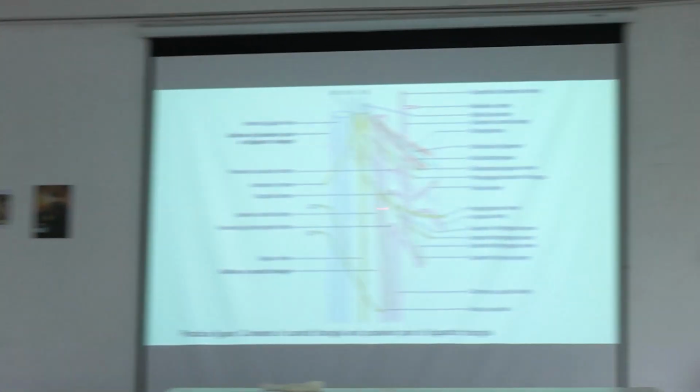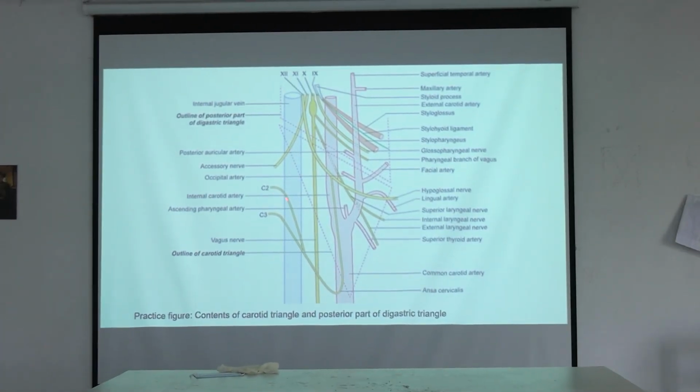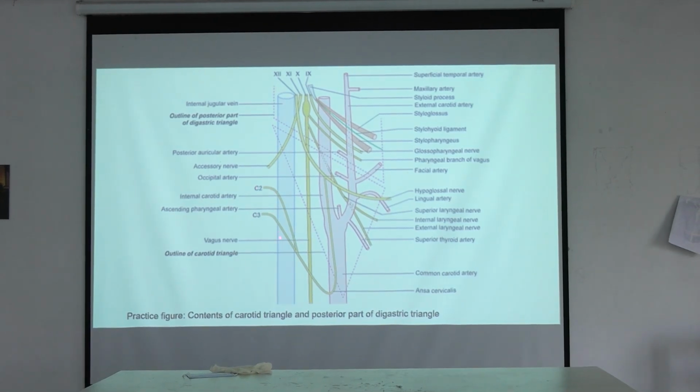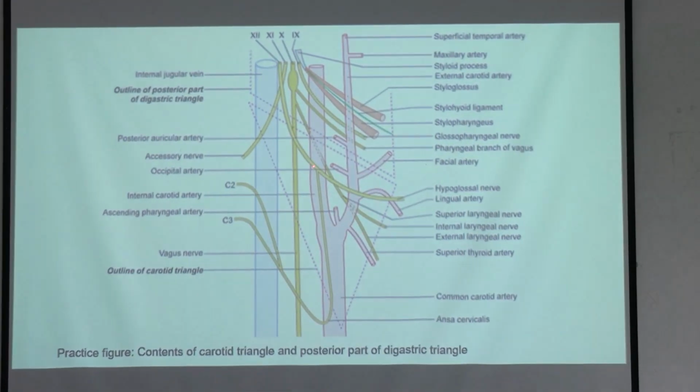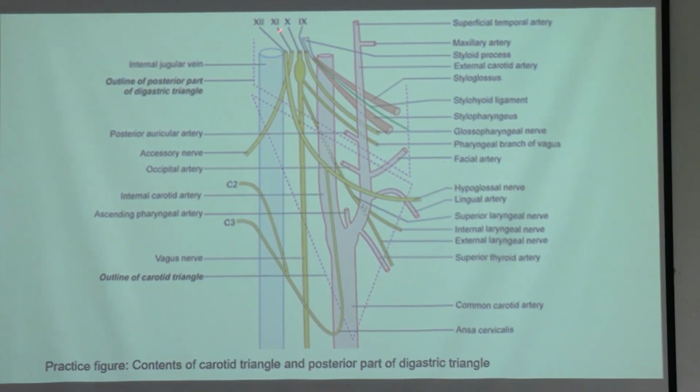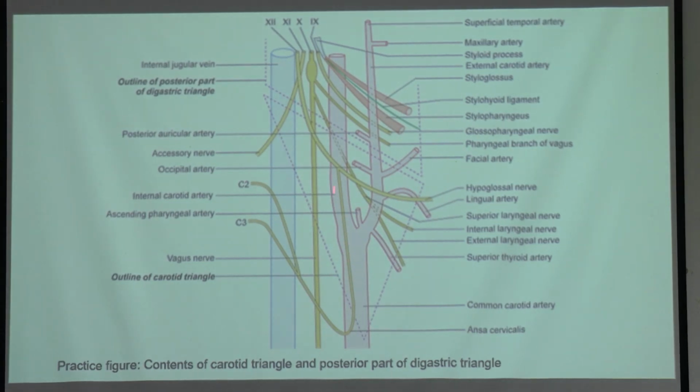Or it forms a loop, which is contributed by this hypoglossal nerve, and it is contributed by C2 and C3, that is cervical nerves. Actually, the contribution is nothing but the C1 nerve, which is passing along with the hypoglossal nerve. This is the C1 and this is the C2 and C3. And this loop of nerve, which is present just in front of or embedded within the carotid sheath, is the ansa cervicalis.